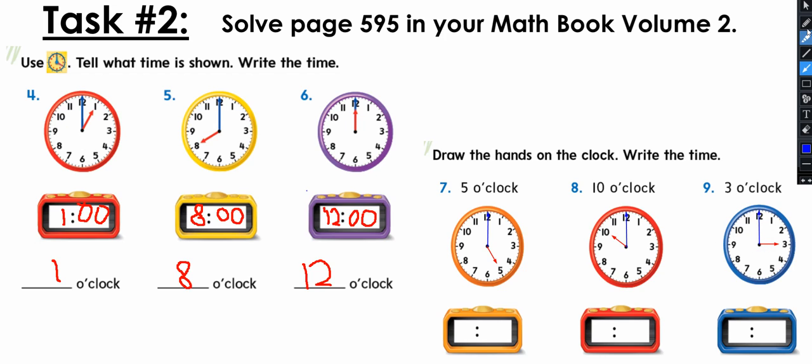And now we have to write them on a digital clock. 5 o'clock, which means 00. 10 o'clock, which means what? Yes, 00. And 3 o'clock. Sorry about that, 3, which means what? Yeah, 00.